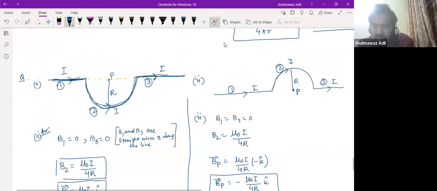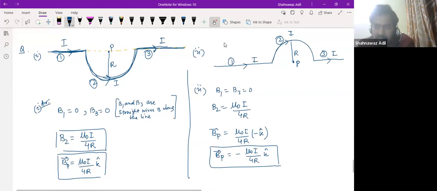So Biot-Savart's law we have done, right? Then we move on. There's another thing as well, right? So magnetic field due to the axis, on the axis of the wire, but that part will not be concerned.